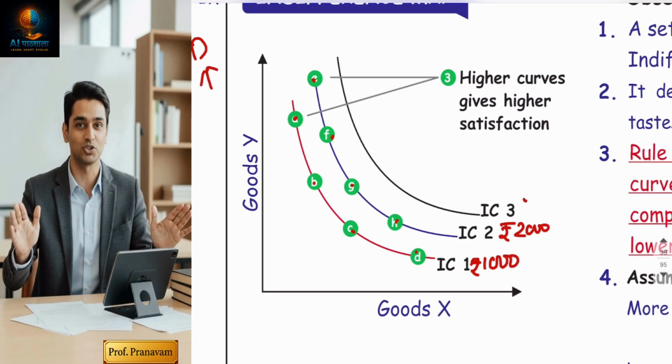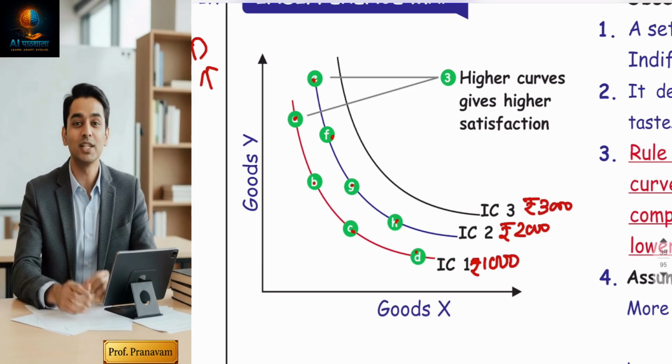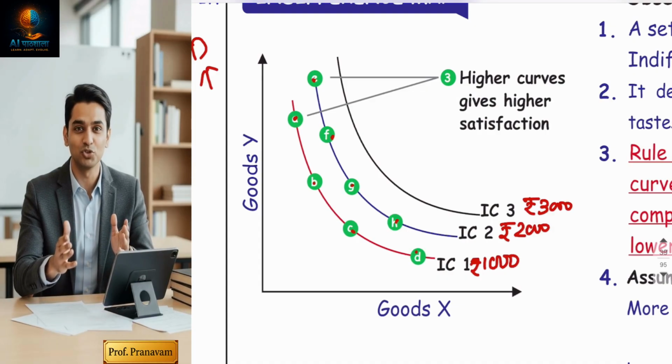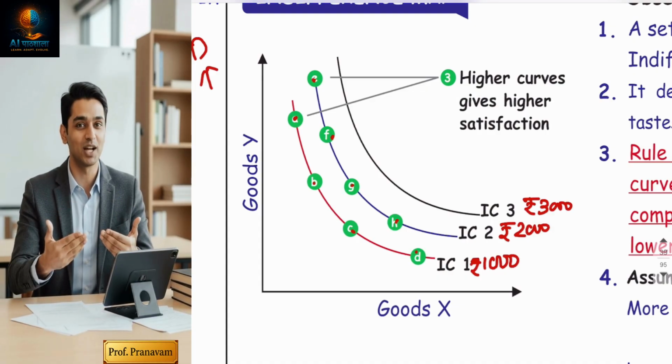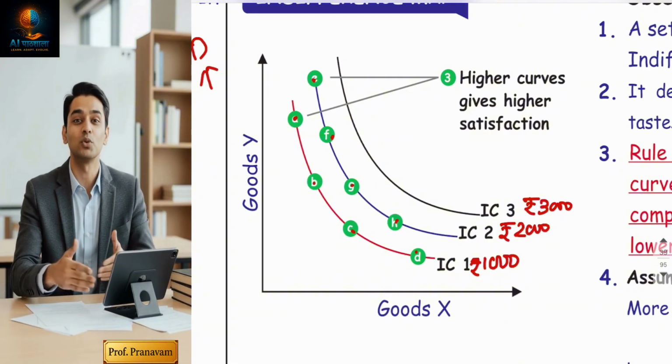Now, if my income further increases to 3,000, my demand will increase further. Now I want to purchase more food than in the IC2 combinations. So as your income increases, your combinations keep increasing. So when there are multiple curves, it's called an indifference map.